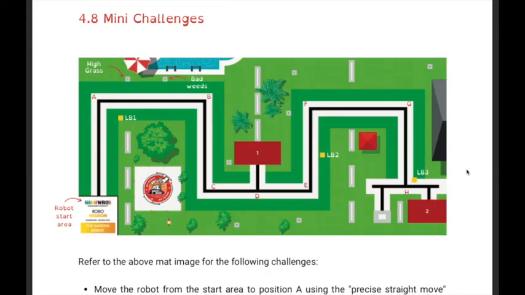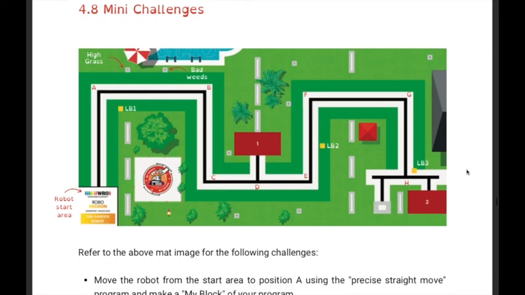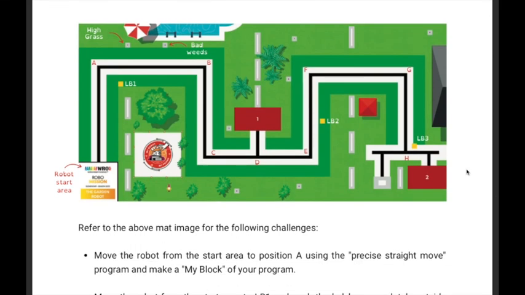At the end of stage 4, I have given some mini challenges based on the Guardian Robot challenge itself. You can check the engineering notebook for the challenges. Here I have mentioned some points. These are not printed on the mat. This is just to give some reference for the mini challenges which I have given in the engineering notebook.